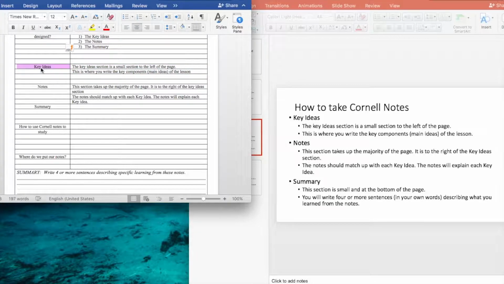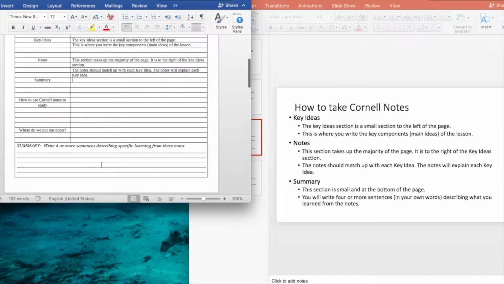Okay, moving on. The last section of notes for Cornell Notes is the summary section. If we look, it says this section is small and at the bottom of the page. So it's right here.